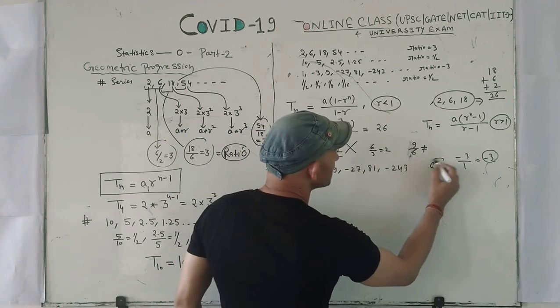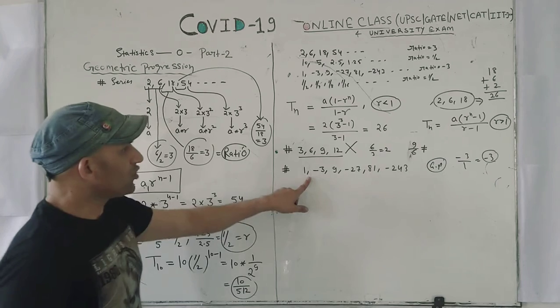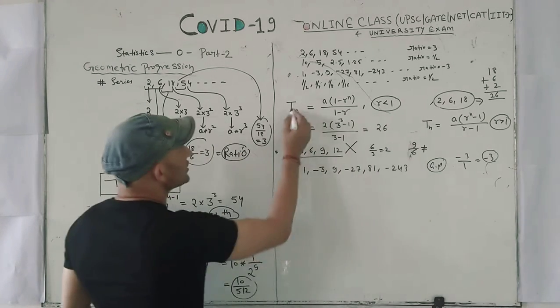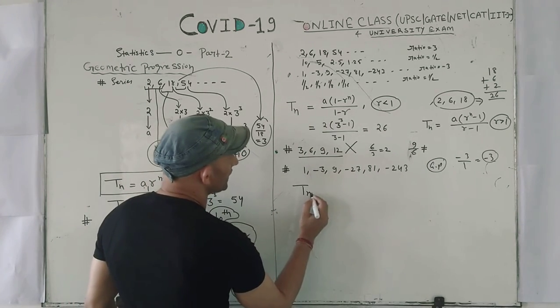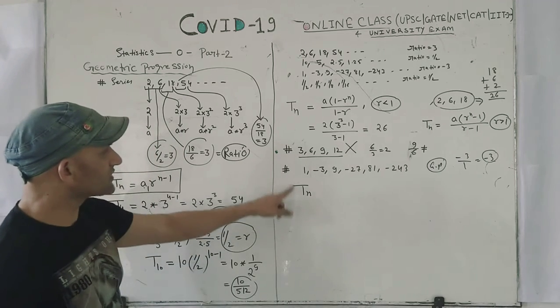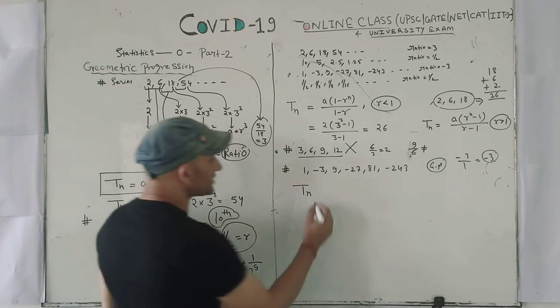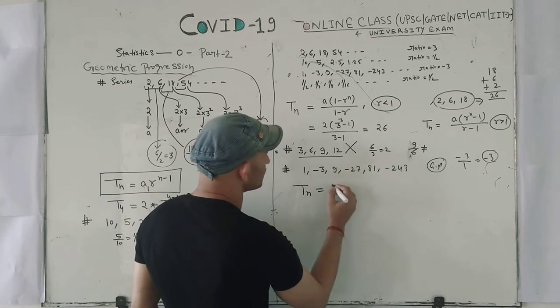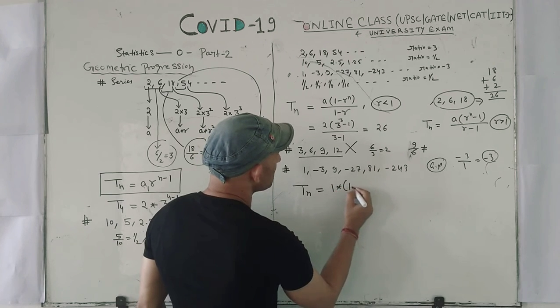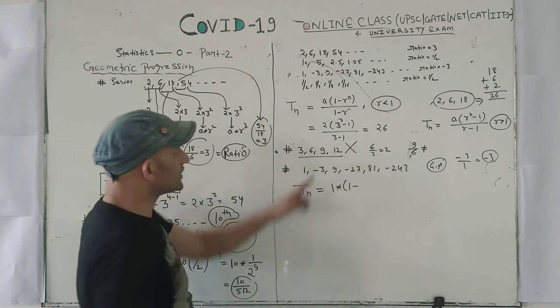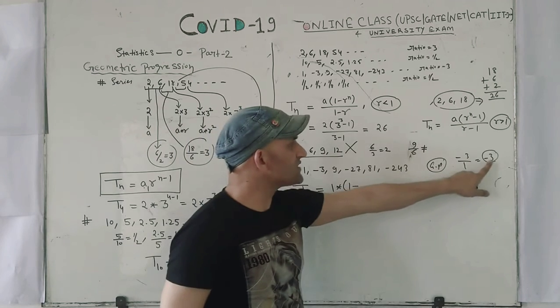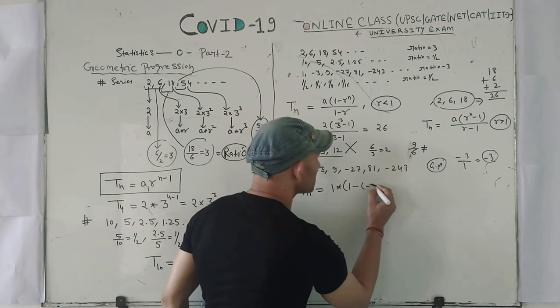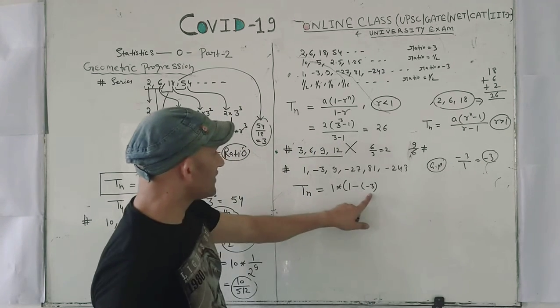This is GP. Now he is asking, your R is minus 3. In this condition, you will use this formula for the sum of all the numbers. A into 1 minus R to the power n upon 1 minus R. You will use this formula because your R is not equal to 1, here it is minus 3 to the power n.